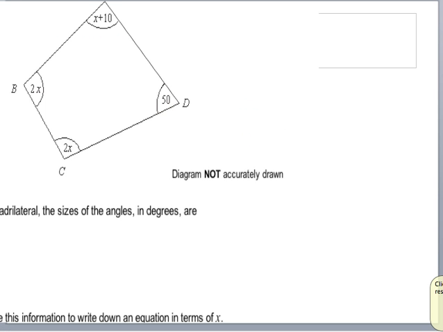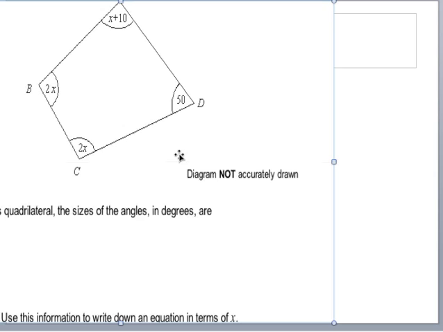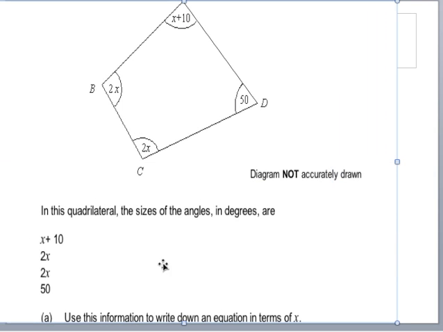You might also be asked, for example, to write down an expression in terms of x. In this particular question, we're again told some information and we've got to apply some information of our own. So in this quadrilateral, the sizes of the angles are x plus 10, 2x, 2x and 50.